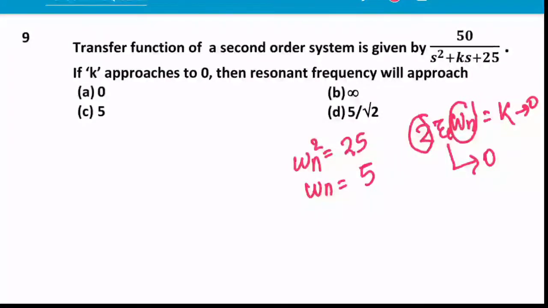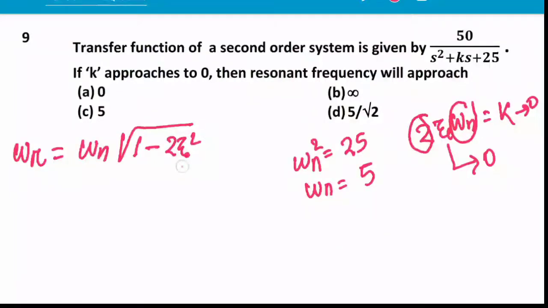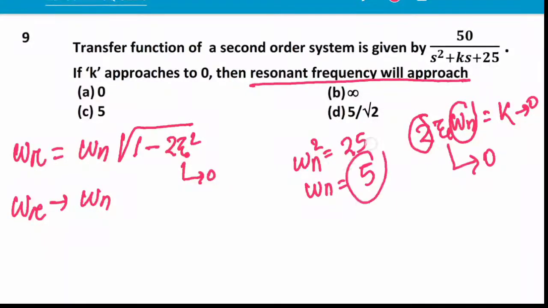The resonant frequency is ωr equals ωn into root over 1 minus 2 zeta square. When zeta approaches 0, this approaches 0, and ωr will approach ωn. So the resonant frequency will approach ωn, that is 5. This is the answer.